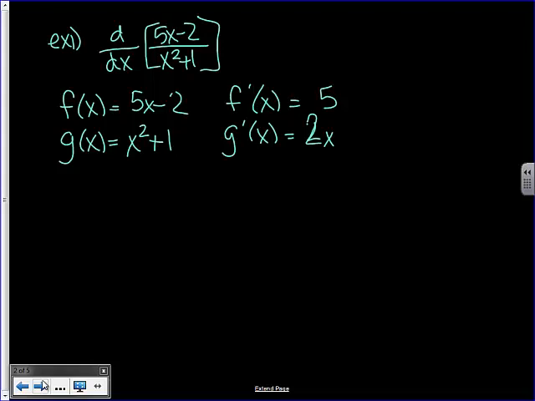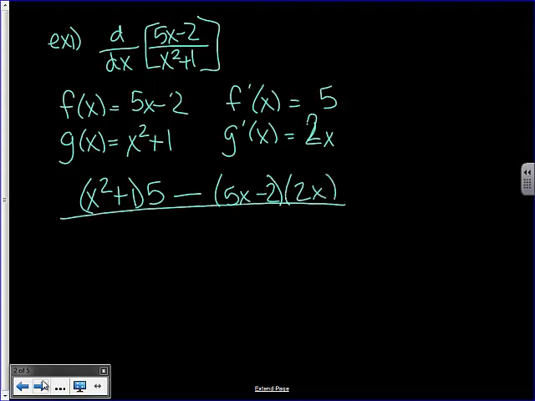So bottom times the derivative of the top. So x squared plus 1 times 5 minus bow de toe minus toe de bow. So 5x minus 2 times the derivative of the bottom, 2x, all divided by bow, which is just x squared plus 1 squared.